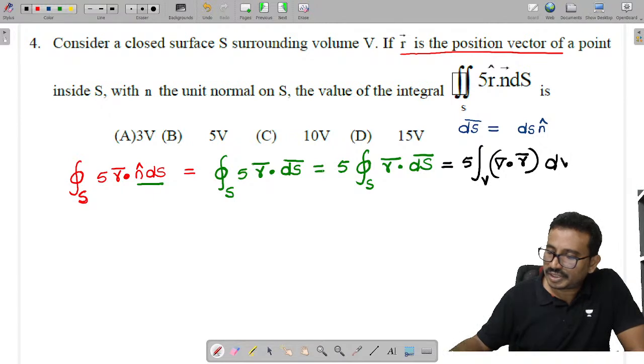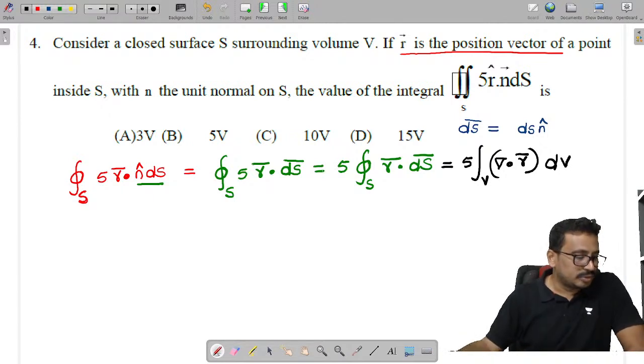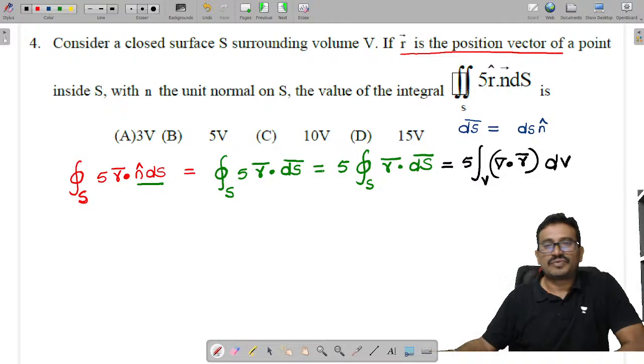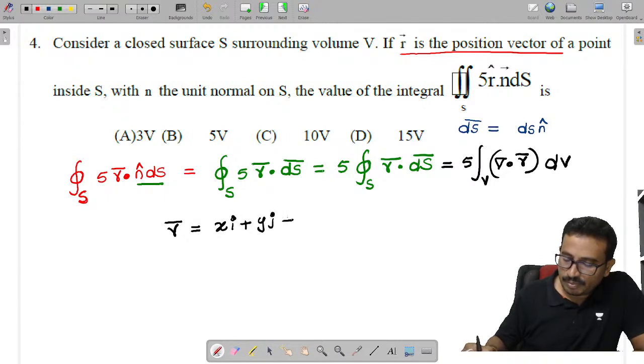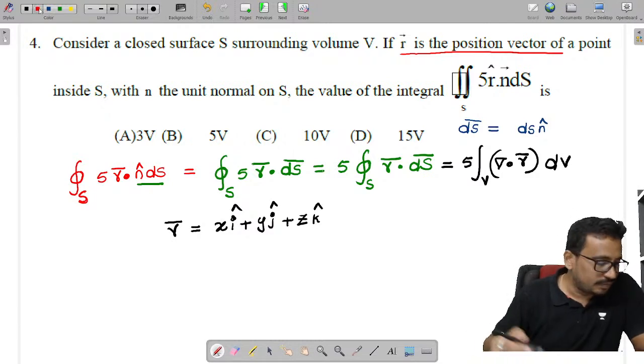There is no mistake, they generally follow that notation, dv. Here r bar is the position vector, which is given as xi plus yj plus zk. This is the position vector, xi cap, yj cap, zk cap.